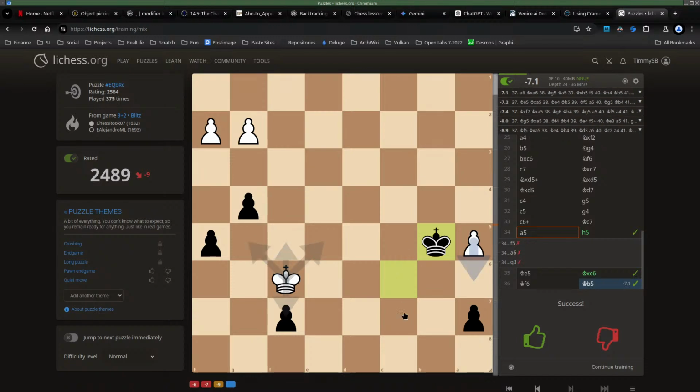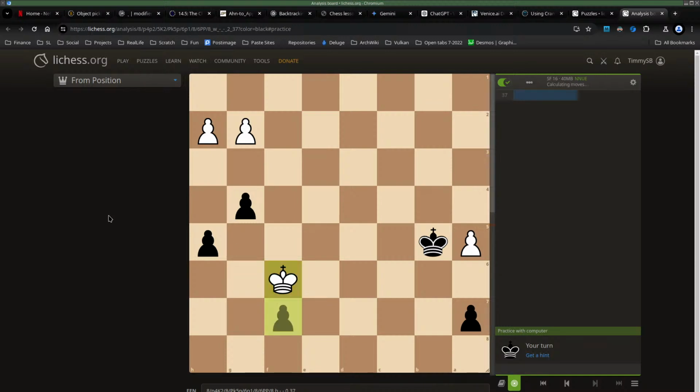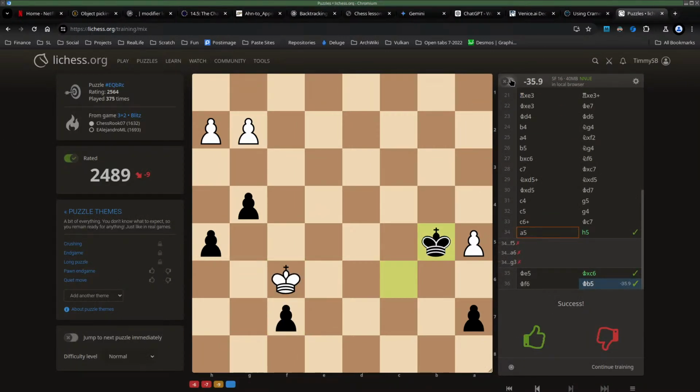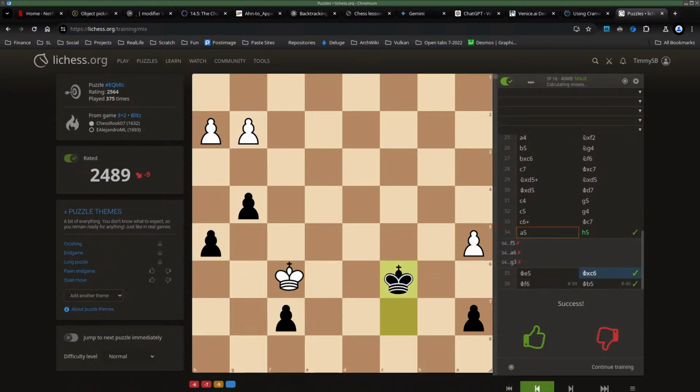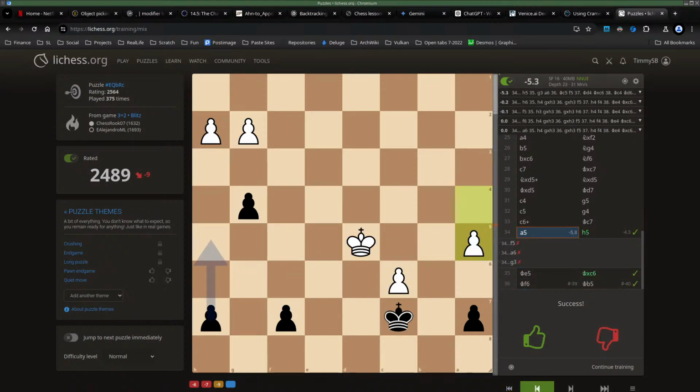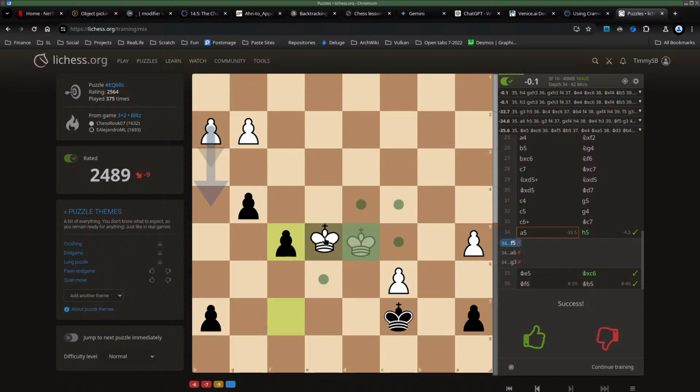Oops, that's not the button you want. This button. Go back. That's the only winning move. Why not this move? I thought the king moves here, and yes, then we win. I was right.